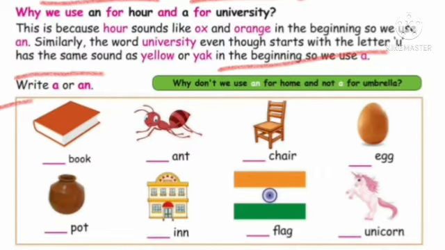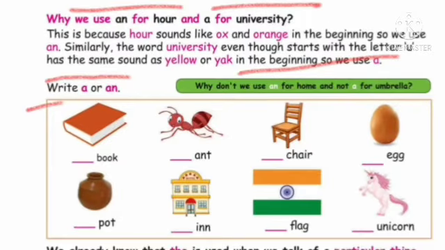So we can write a before this word, a home. And before the word umbrella, we should write an umbrella, because the word umbrella produces the sound u, which is a vowel sound. So we should write an umbrella. Okay, children? Now you have understood the logic behind this.